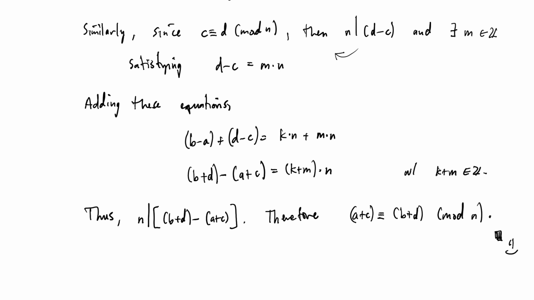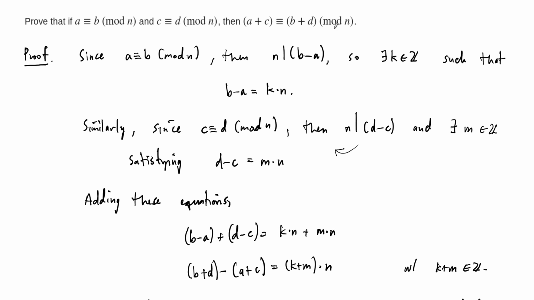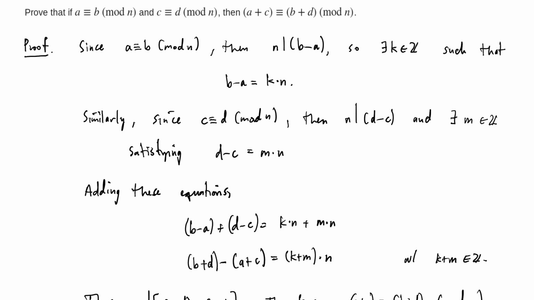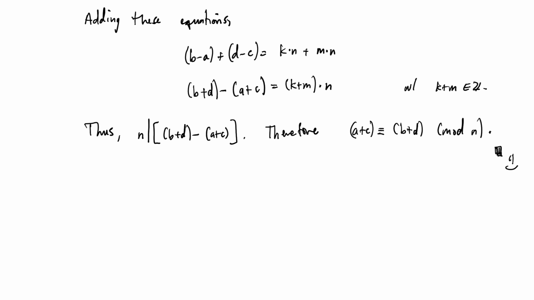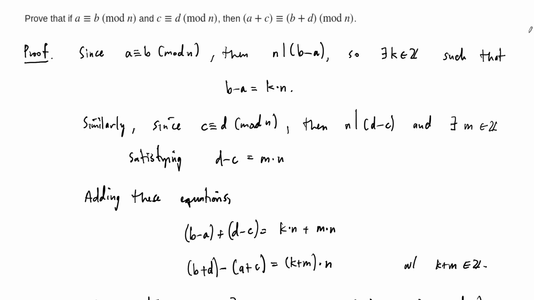This is the addition property of modular arithmetic. The addition works, addition is closed. And so we did this just by using the definition of congruence with the definition of divides. You could write this out in terms of remainders as well.